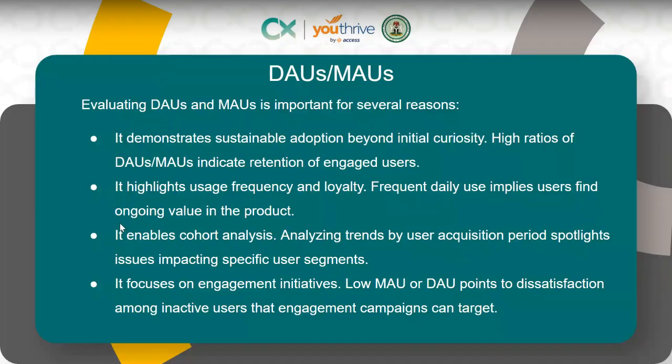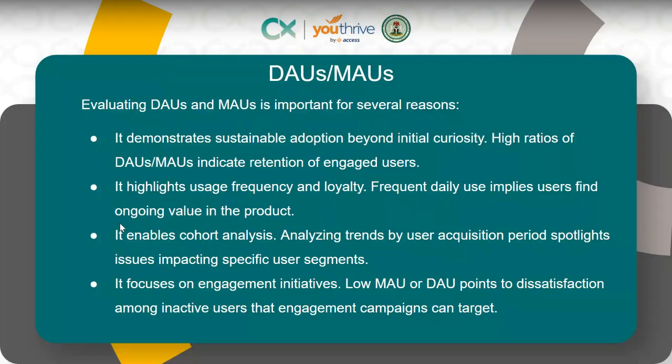One, it demonstrates sustainable adoption beyond initial curiosity. A high ratio of DAUs to MAUs indicates retention and user engagement. Secondly, it highlights usage frequency and loyalty. Frequent daily users imply users find ongoing value in your product.